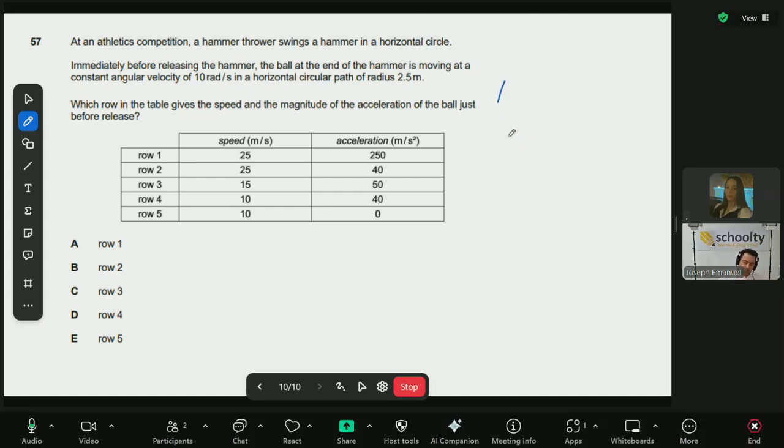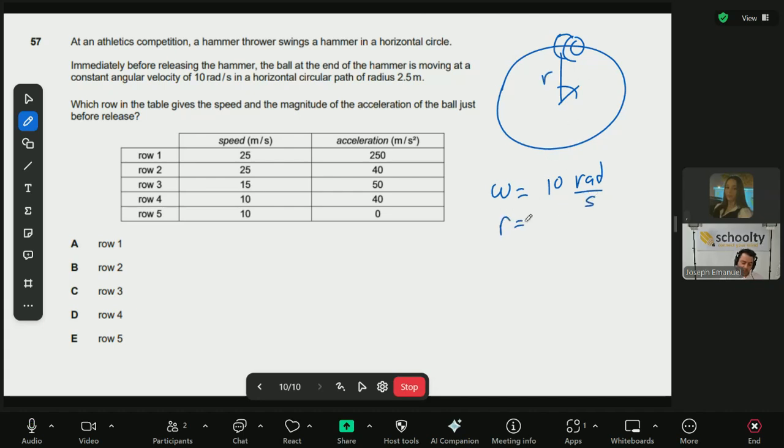So what we have here is a hammer, inside it a ball going in angular velocity, let's call it W, angular velocity of 10 radians per second. This is the angular velocity, and the radius is 2.5 meters.